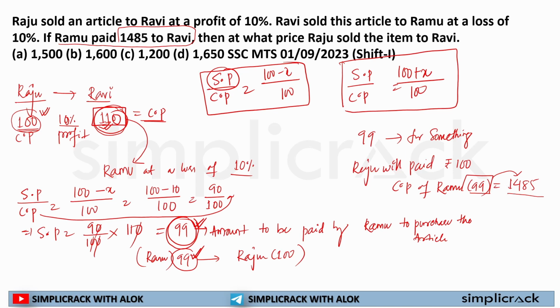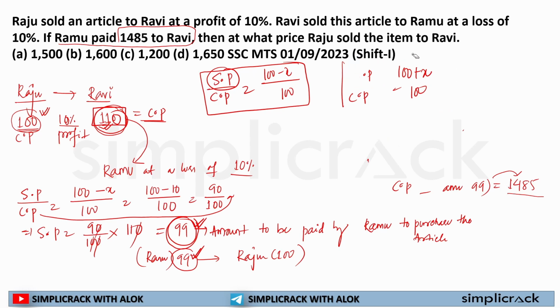Let me write it again so that you will understand it very clearly. Here we made sense out of only the percentages. If Raju is selling the article to Ravi at 10% profit and Ravi is selling to Ramu at a loss of 10%, Ramu will pay 99.